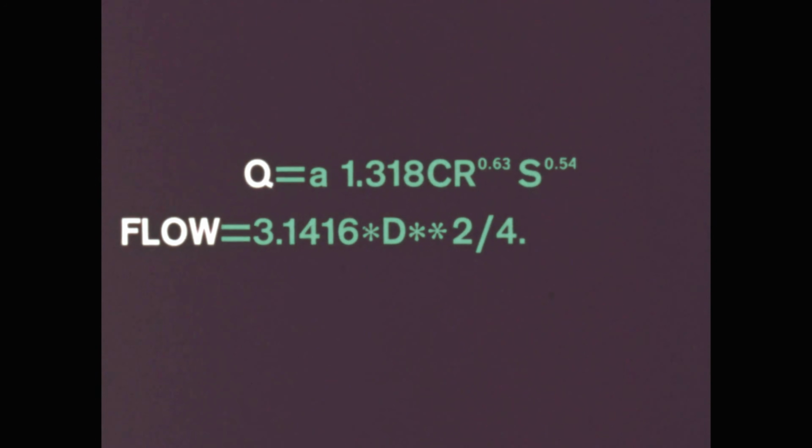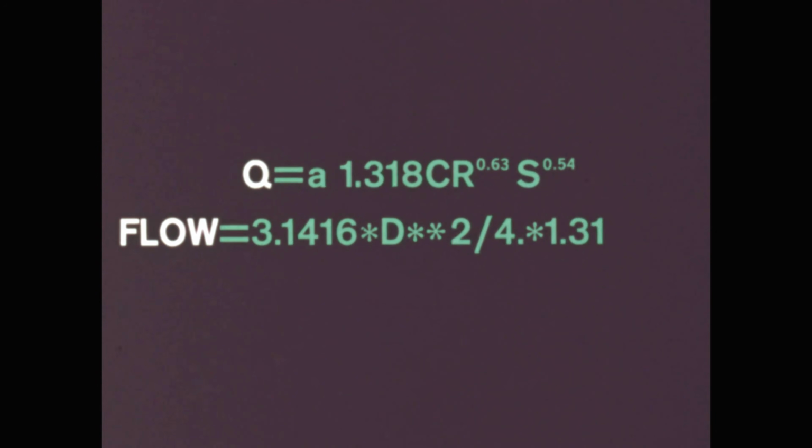Pi d squared over 4 is the area of a circular pipe. The asterisk represents to the computer multiplication. The double asterisk represents to the computer exponentiation, the raising of a number to a power. The slash represents to the computer division.